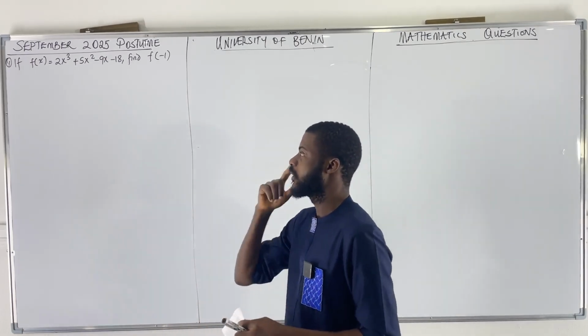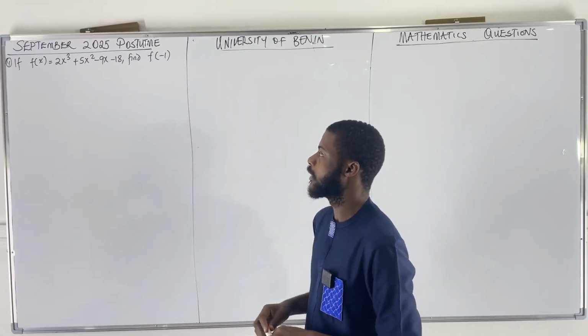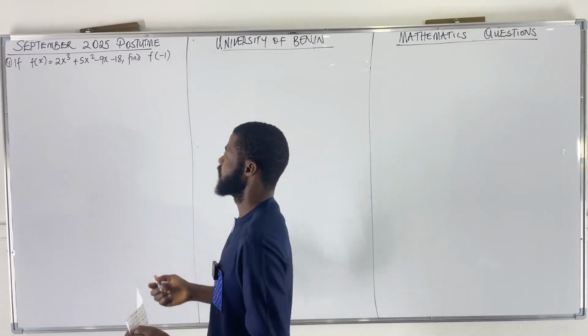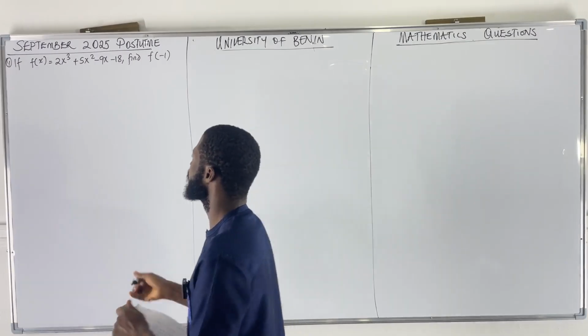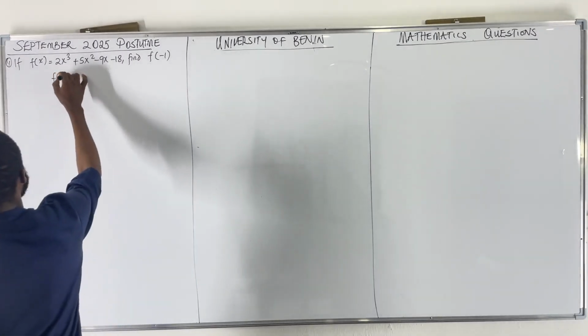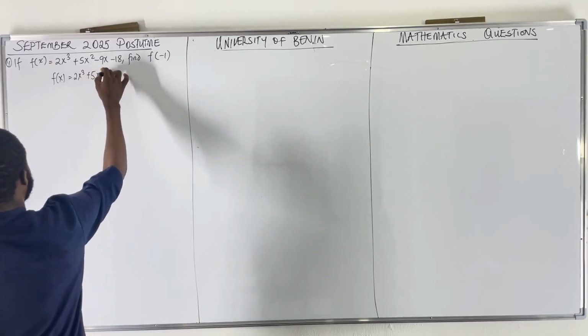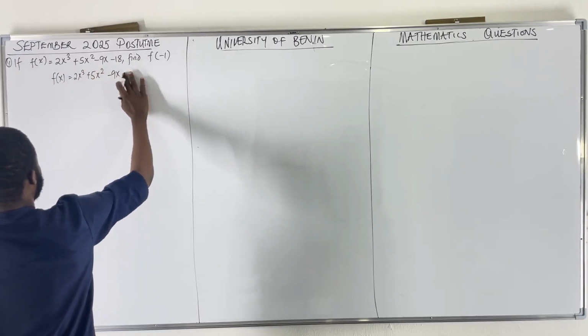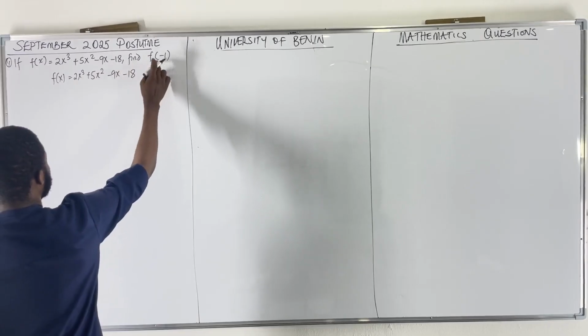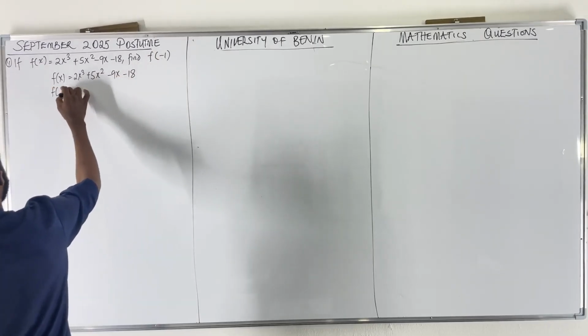So this is what we have for the first question. This one is very simple, it's not difficult. We have f of x as 2x cubed plus 5x squared minus 9x minus 18, and we have to find f of minus 1.